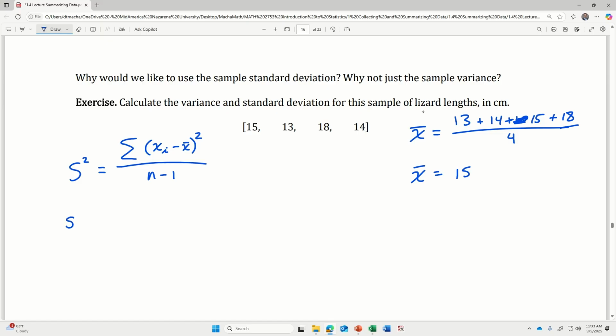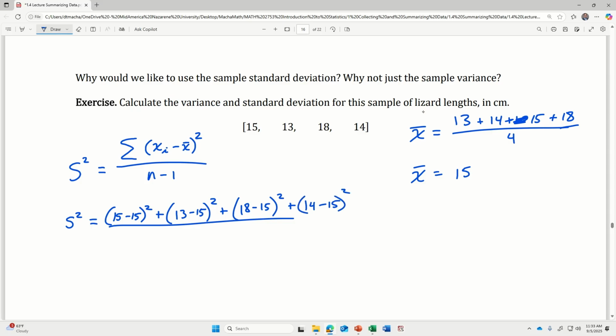And then I go back here, and the sum that happens in the numerator is going to look like 15 minus 15 squared plus 13 minus 15 squared plus 18 minus 15 squared plus 14 minus 15 squared.